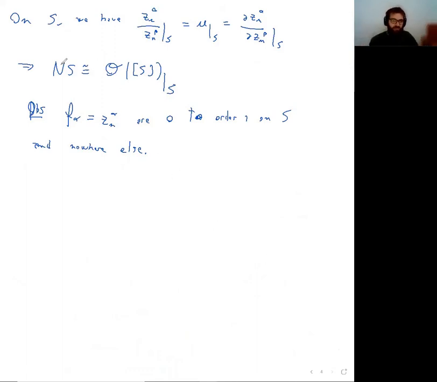But then we realize that you can think of this as an extension of the normal bundle to all of M. So O_S is defined on all of M, but if you restrict it to S, this is the normal bundle. The normal bundle is defined only on S, but if you want to extend it, this is perhaps a way to do it.